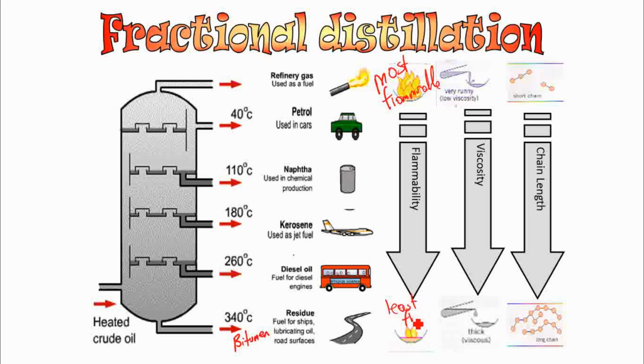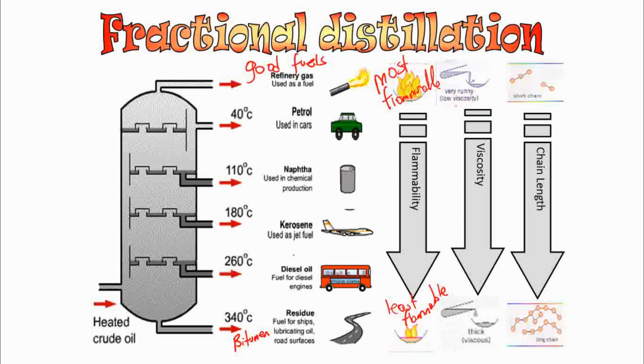So what you realize is the ones at the top are really, really good fuels. So the smaller the hydrocarbon, the better the fuel, the less runny it is, and the shorter it is.